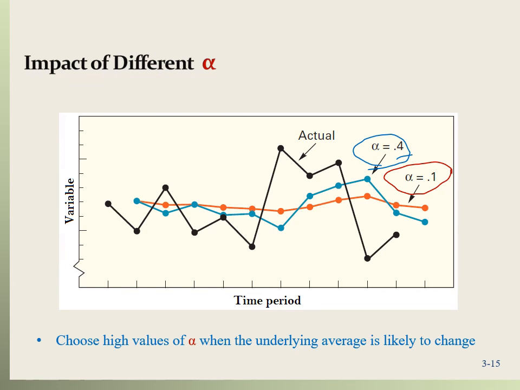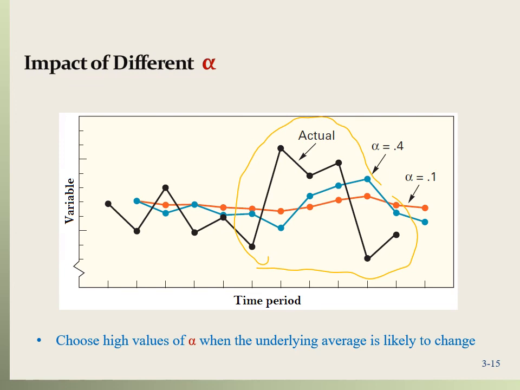So as you notice in these two plots, when we have high spikes, that's high variation or high fluctuation in the actual data, the forecast that uses the higher value for alpha, that's alpha equal to 40%, the blue plot, compared to the red plot, which has a smaller value of alpha, actually fluctuates more.